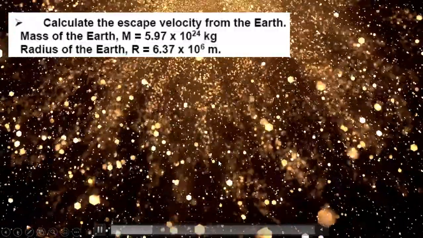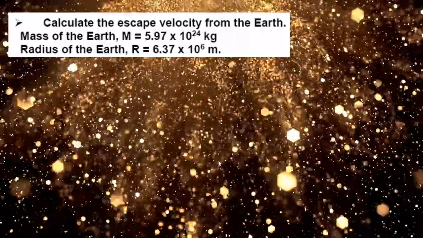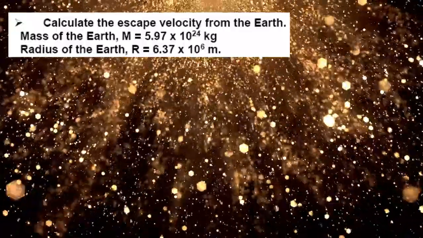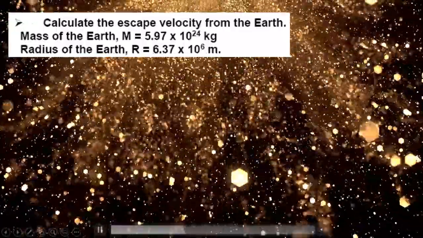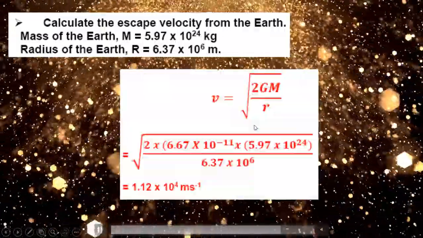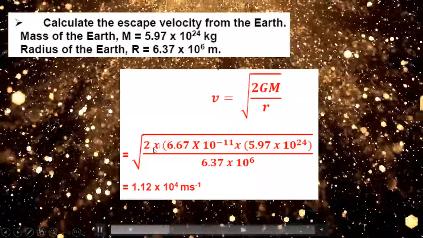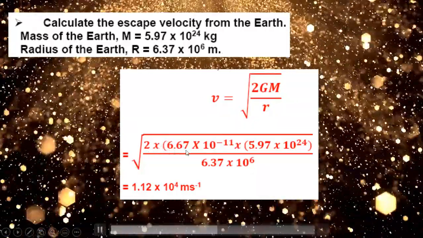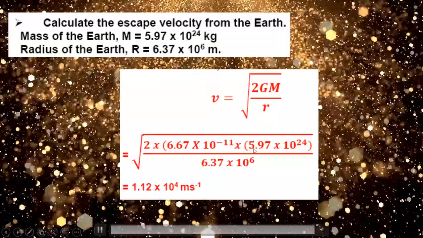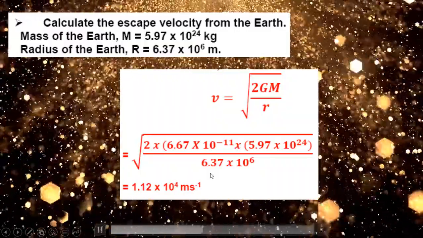Okay, let's try to calculate the escape velocity from the Earth. If you want to escape from the Earth, what is our escape velocity? We have the formula v equals square root of 2GM over r, with the mass of the Earth and the radius of the Earth. So we substitute 2 times 6.67 times 10 to the power of minus 11, which is given. This is the mass of the Earth, and this is the value of the radius of the Earth.